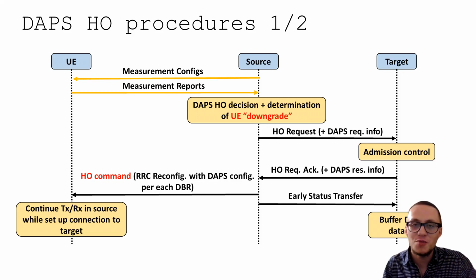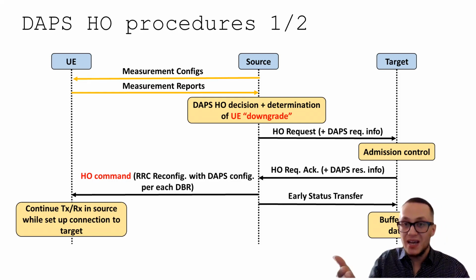I mean the RRC reconfiguration message with DAPS configuration, which can be for different data radio bearers. So it means that it may not be required for all types of services. Starting from that time, the UE tries to continue uplink and downlink reception and transmission, but as I said before, very probably only reception will be available because this is less complex, in the source and in the target cell, while setting up the connection to the target cell.